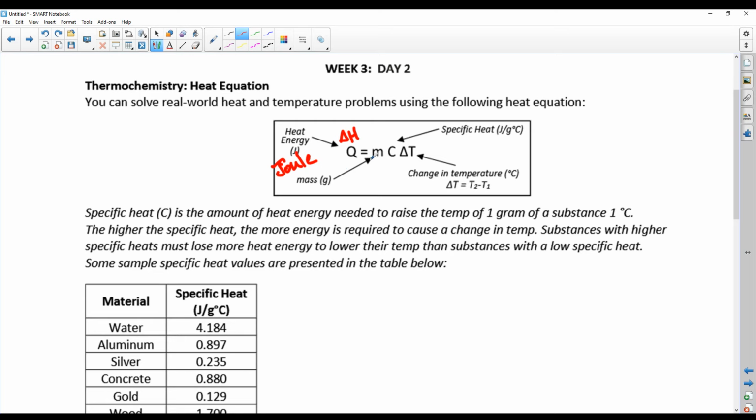Now, this equation, called the heat equation, as you can see from the term up here, is for a physical change. For example, if you want to make your coffee in the morning, you put the water in the pot, you put the cup underneath, you put the coffee grounds or the pod in your coffee maker, you hit go, and the first thing that happens is that coffee maker begins to heat up your water.